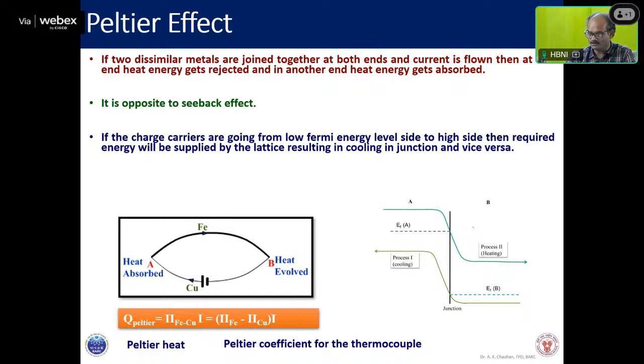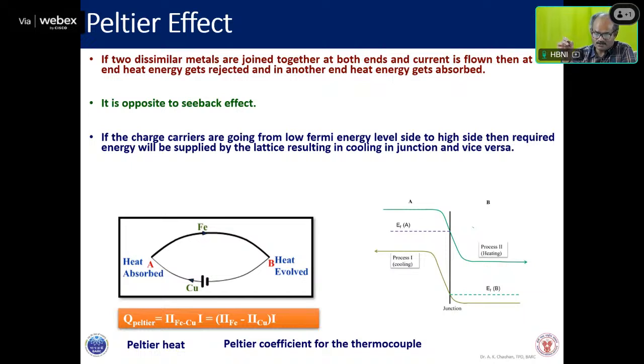You can put it to a device which you want to heat or cool. So if two dissimilar metals are joined together at both ends and current is passed, then at one end heat energy gets rejected and at another heat energy gets absorbed. It is opposite to the Seebeck effect.